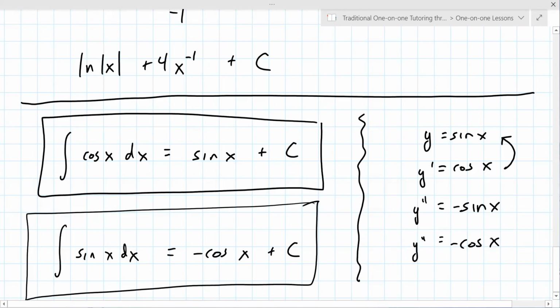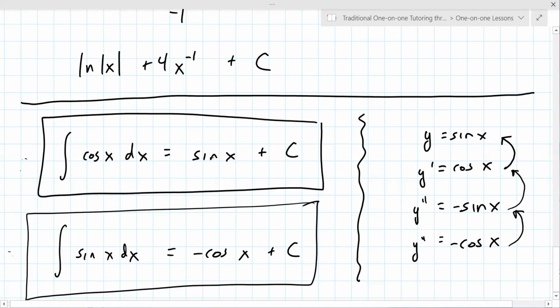If you want to go backwards, which you can, that's the rule, but most people just remember these two right here. The integral of sine is minus cosine. The integral of cosine is sine.